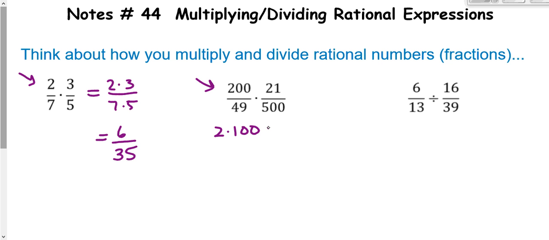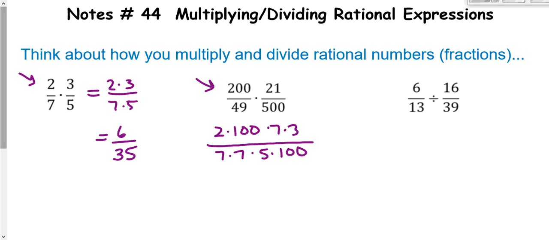Factor the 21 into 7 times 3, and you want to do that because 49 factors into 7 times 7, and then factor the 500 into 5 times 100. Now, of course, we could break down the 100 more on the top and the bottom, but you just kind of look at what you need to do, look at what's on the top and what's on the bottom, look at what you need to do to reduce it easily.